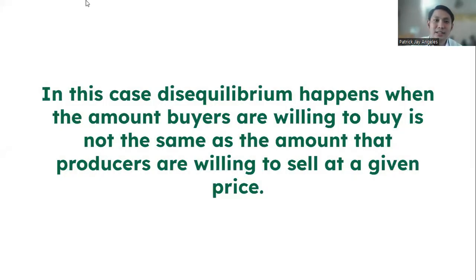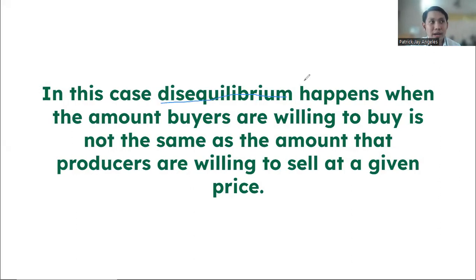In this case, okay, the principle is this equilibrium. That's what happens when the amount buyers are willing to buy is not the same as the amount that producers are willing to sell at a given time.